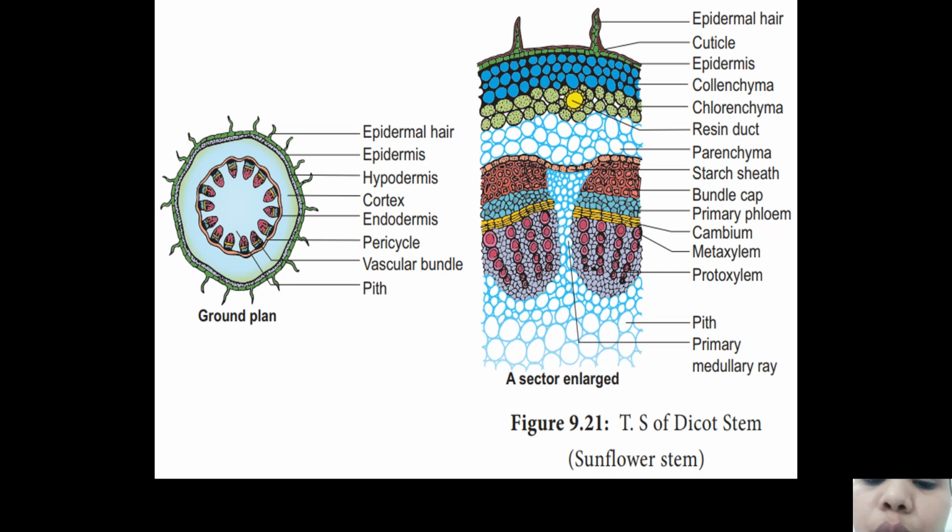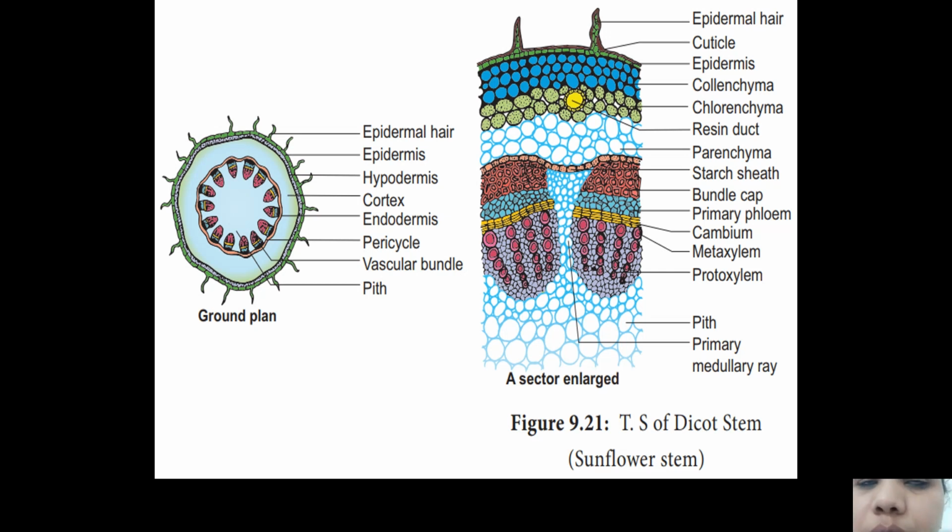Now, this endodermis is made up of barrel-shaped cells. And next, the vascular bundles are nothing but the combination of xylem and phloem, which you can see here. These vascular bundles may be 15 to 20 in number, and they are arranged in the form of a ring.